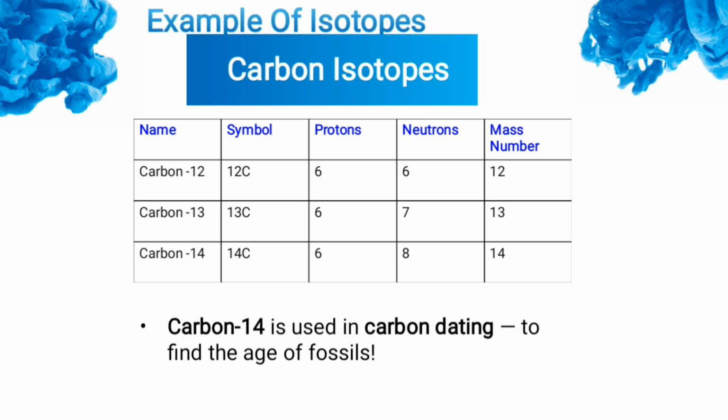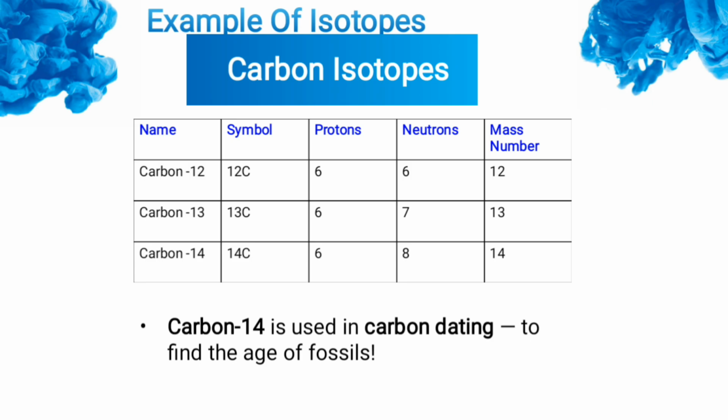And the second example of isotopes is carbon isotopes. My dear student, carbon also has three isotopes. They are carbon 12, carbon 13, and carbon 14. Carbon 12 has 6 protons and 6 neutrons, and its mass number is 12. While carbon 13 also has 6 protons but 7 neutrons, and its mass number is 13.